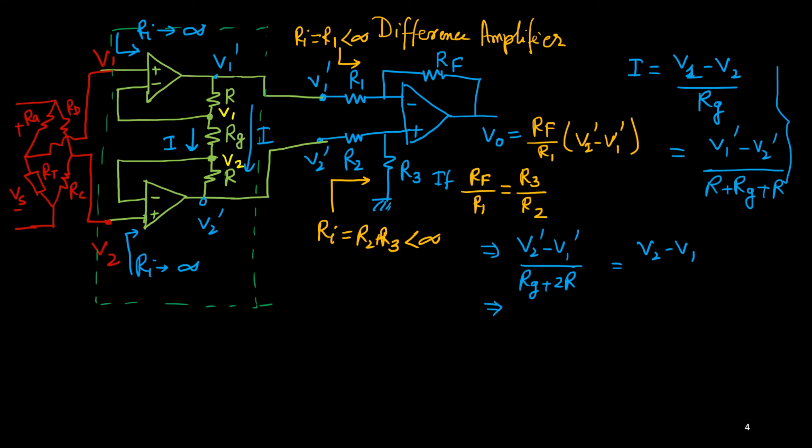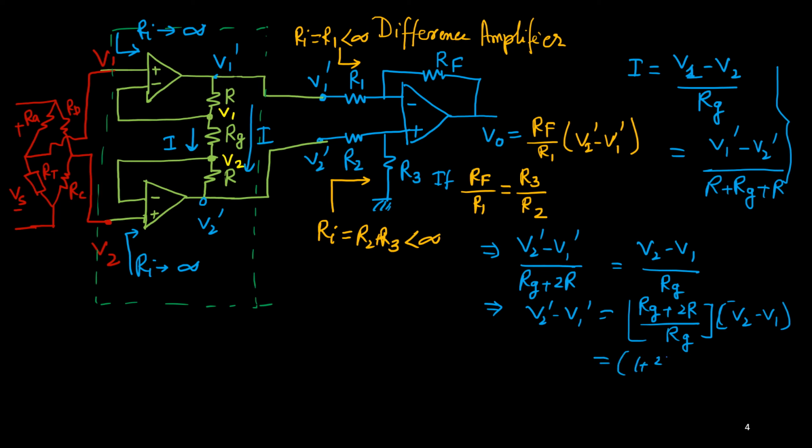From here we can write V2 prime minus V1 prime is (RG plus 2R) upon RG times (V2 minus V1). So this is basically (1 plus 2R upon RG) times (V2 minus V1). Now from this one, what is your output voltage?